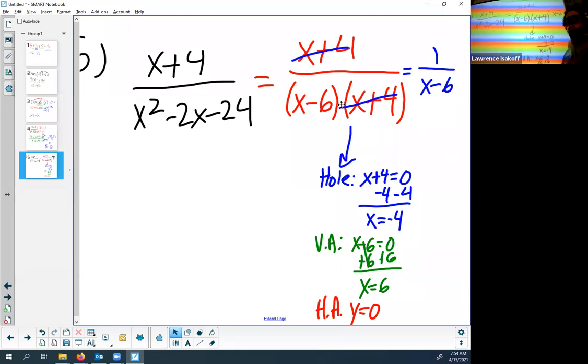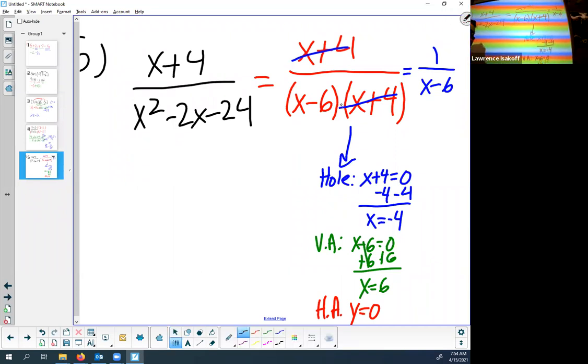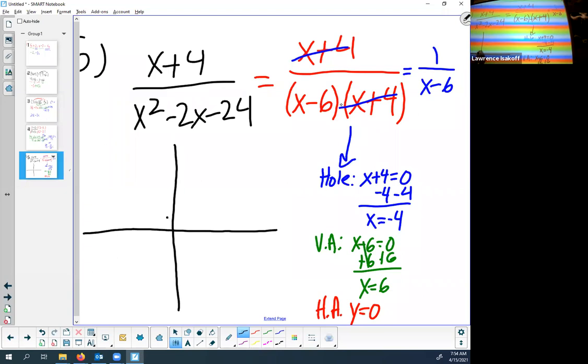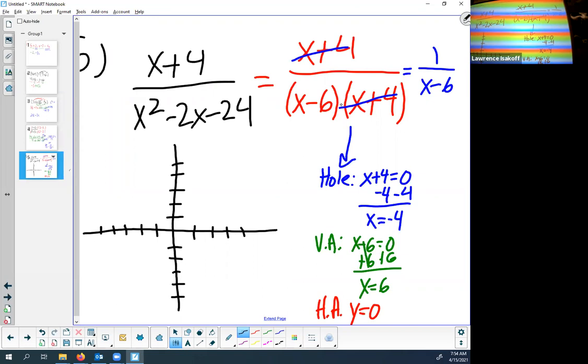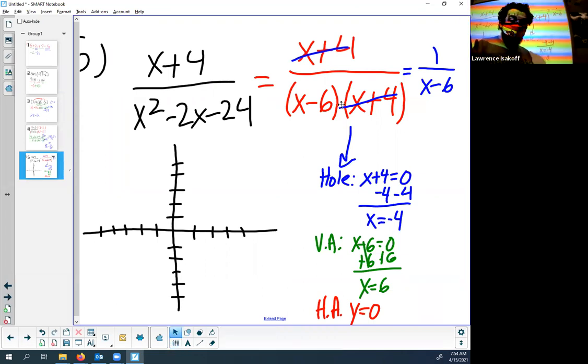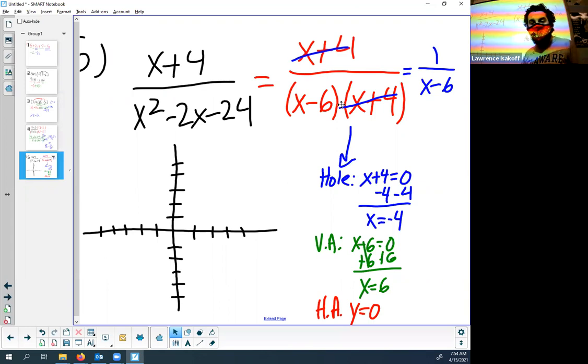Now I'm going to take this information and use it to help me graph. Some of you I know were doing one step further than I was, taking points to test, and that's absolutely great. If you wish to do it that way, you absolutely can. If you want to shortcut that and say, I'm just going to accurately plot my asymptotes and then just look at it on a graph, that's fine as well.